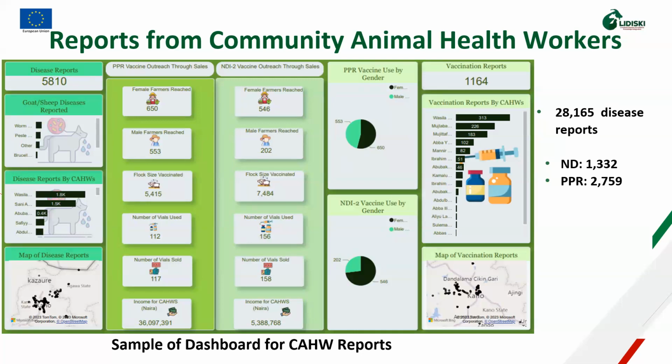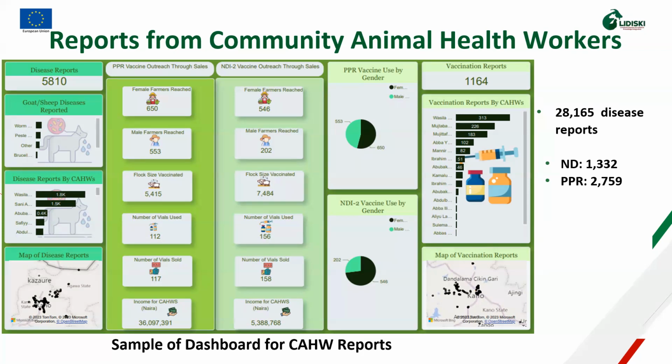We are also able to link the reports coming in from the distributor into the dashboard, especially for community animal health workers that are accessing vaccines. So it also shows the type of vaccines that the community animal health workers are making use of in the field, especially the Newcastle and the PPR vaccine.